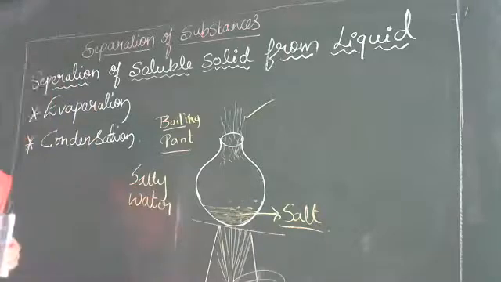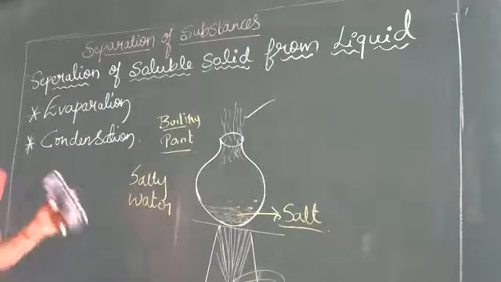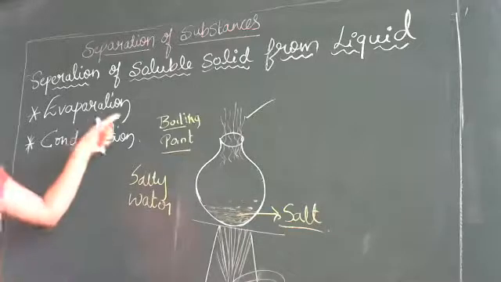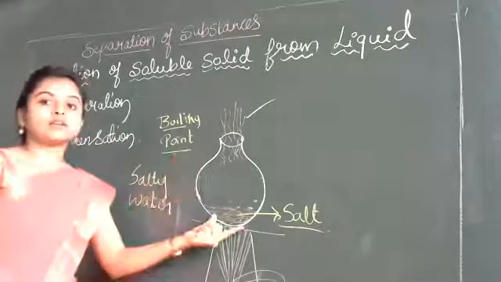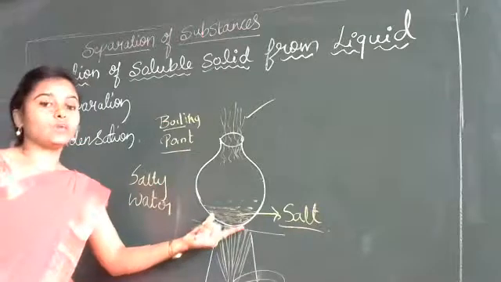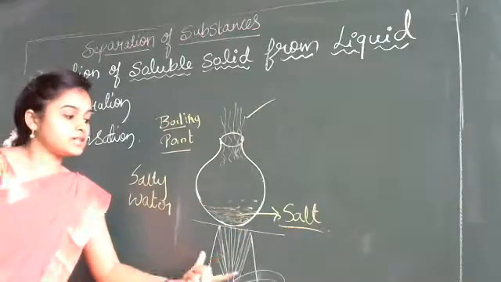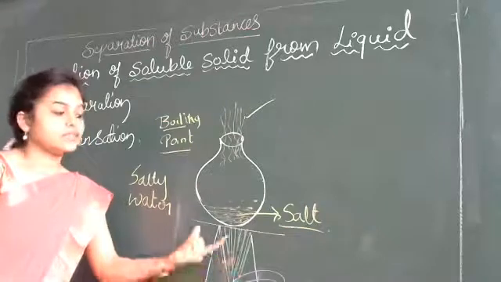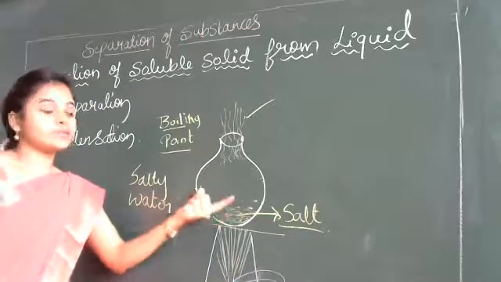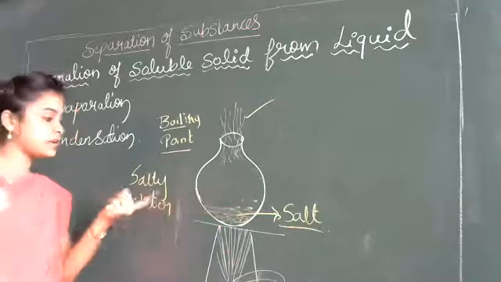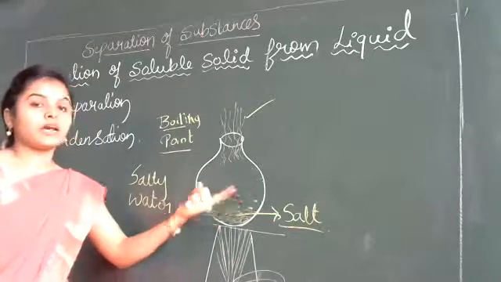So understood what is meant by the evaporation process? The evaporation process is the process where we get soluble solids from a liquid after supplying heat to it. When we supply heat, the solution which we have taken starts boiling.